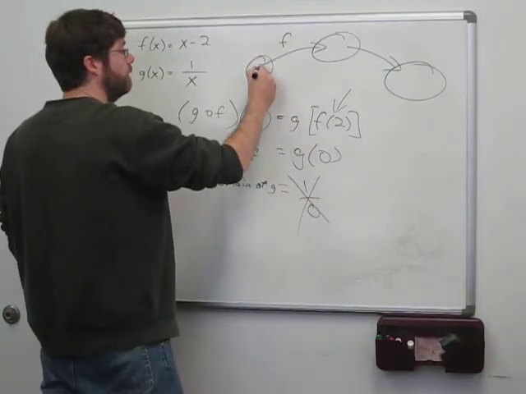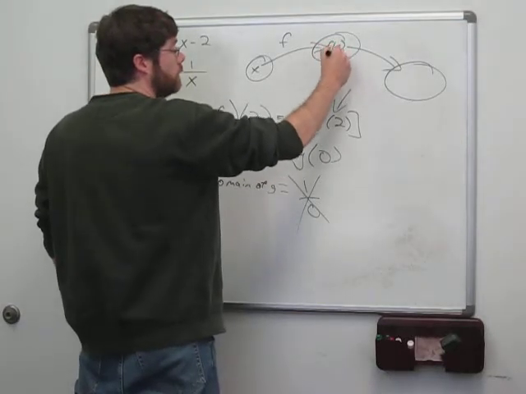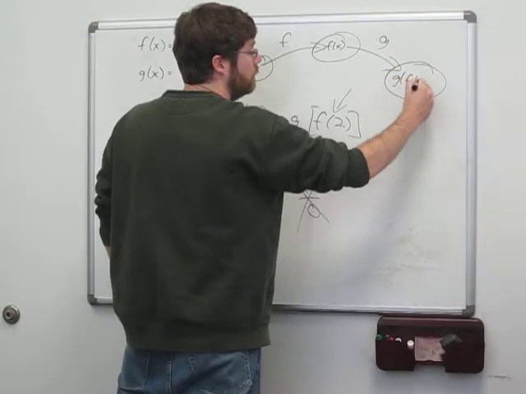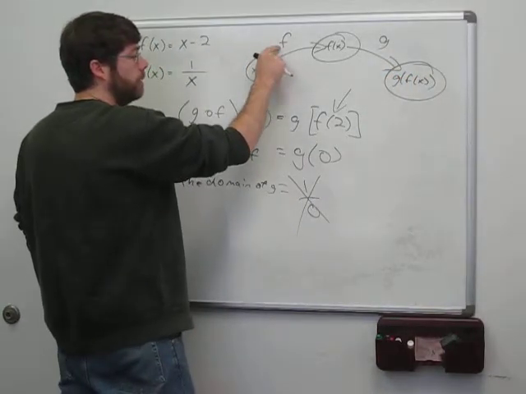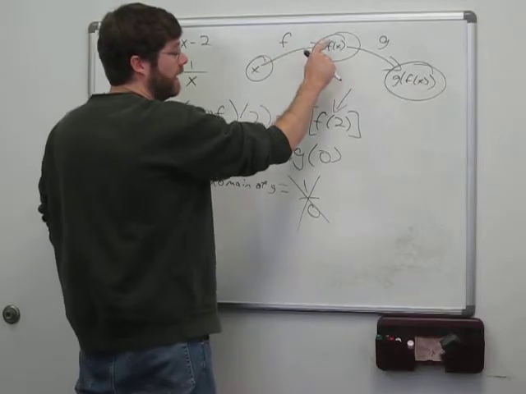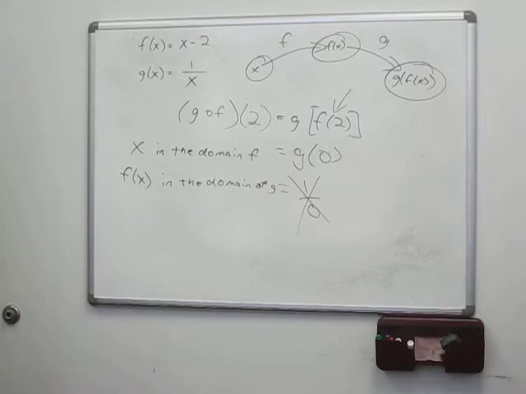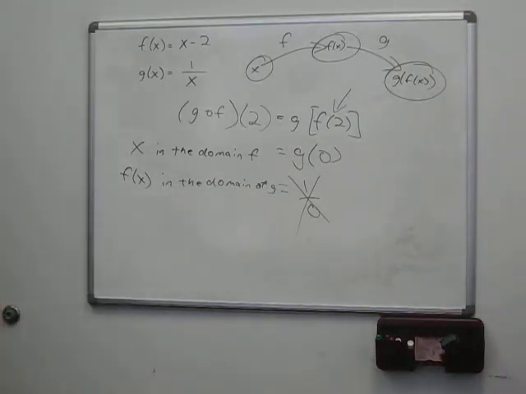We apply f to some element x, get a result, and then apply g to that result. So x must be in the domain of f, and f of x must be in the domain of g. So in the next video, we'll look at applying these rules to particular examples.